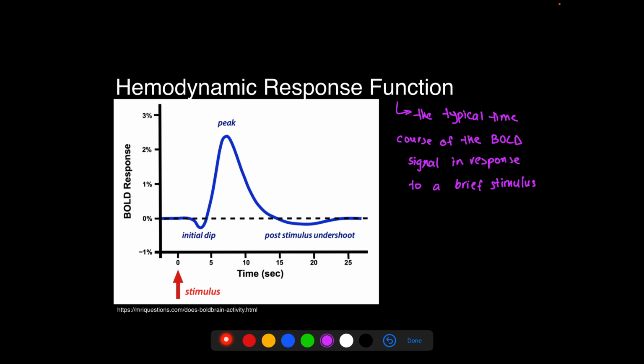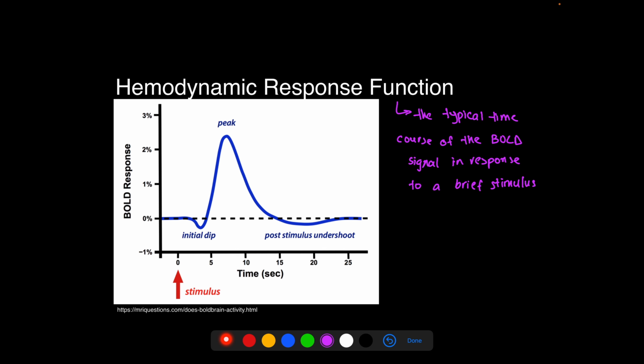So this brief stimulus can be whatever. Often in studies they use tapping of fingers, so tapping of your index and thumb. It could be clapping of the hand or anything that is likely to cause a stimulus in the brain.